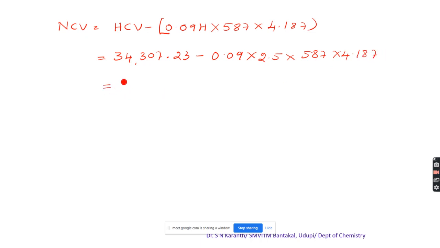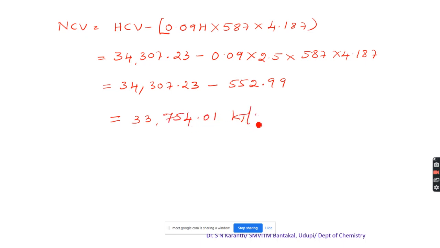That becomes 34,307.23 minus 552.99. So the final answer becomes 33,754.01 kilojoule per kg. This is the final answer you get on burning this particular fuel sample.